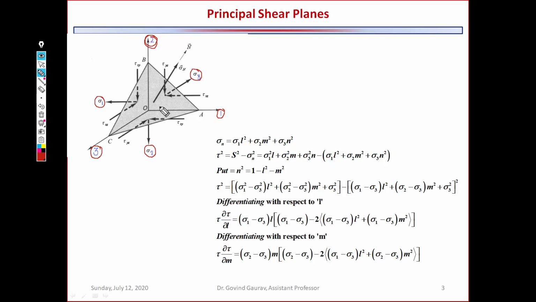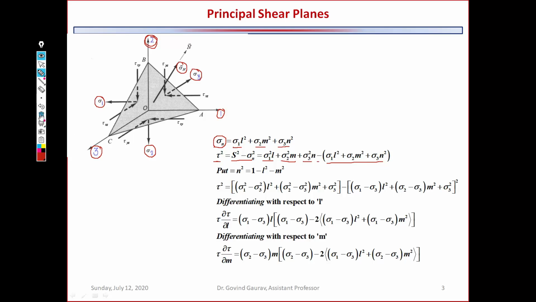In such a case, the value of the normal stress sigma n acting on an oblique plane is given by sigma 1 l square plus sigma 2 m square plus sigma 3 n square. And the value of the shearing stress, tau square, is given by s square minus sigma n square, which is sigma 1 square l square plus sigma 2 square m square plus sigma 3 square n square, minus the whole bracket sigma 1 l square plus sigma 2 m square plus sigma 3 n square.